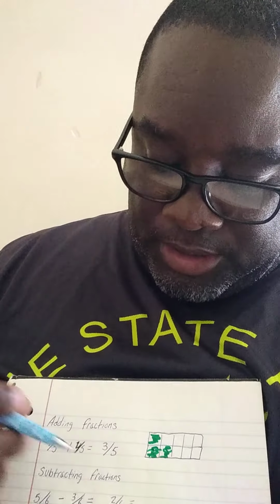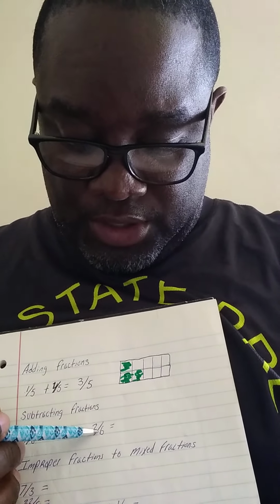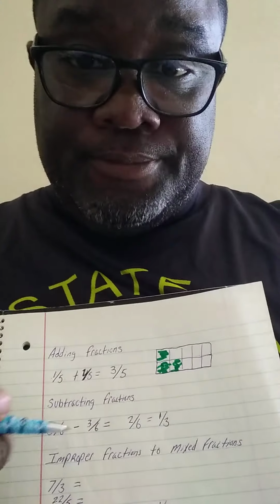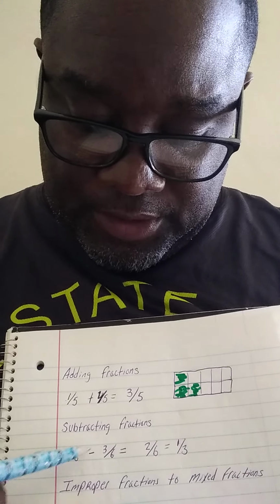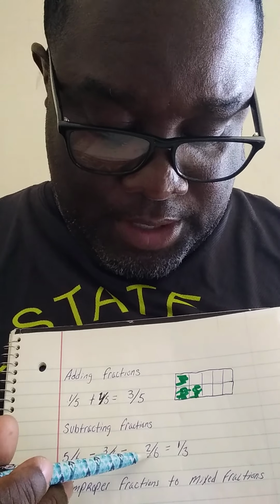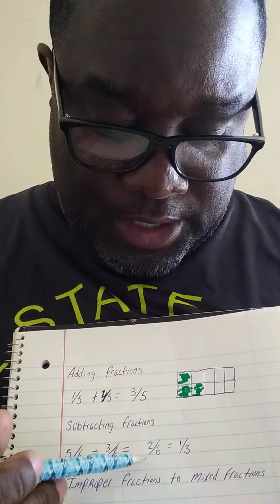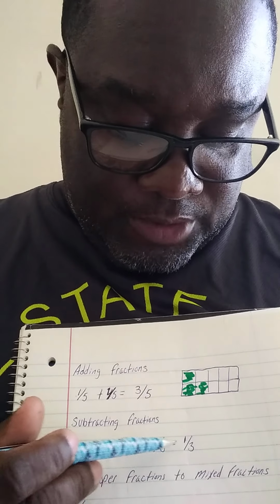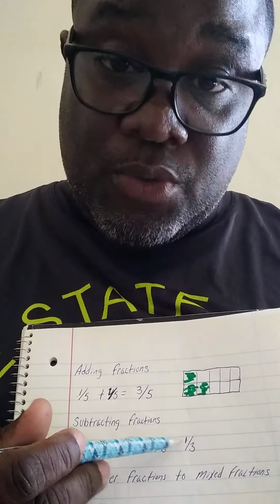We can drop that down even further because we know 2 goes into 6 3 times, so 2/6 can be simplified to 1/3. And you're going to ask how. This is how. 5/6 minus 3/6 equals 2/6. And then when you're simplifying, you know that 2 goes into 2 evenly 1 time. That's 1. Then 2 goes into 6 3 times, which simplifies 2/6 down to 1/3.